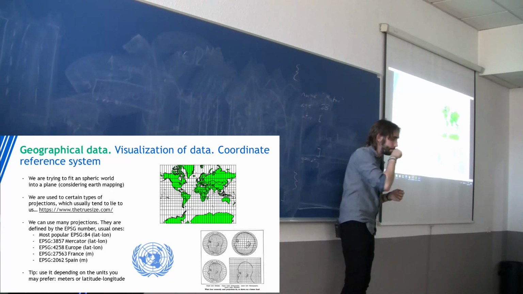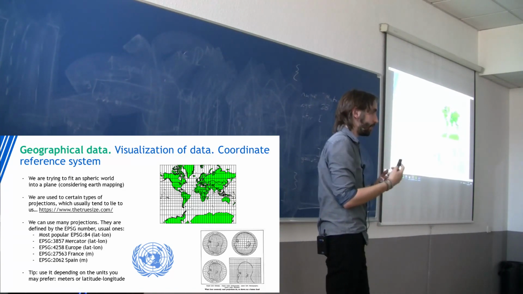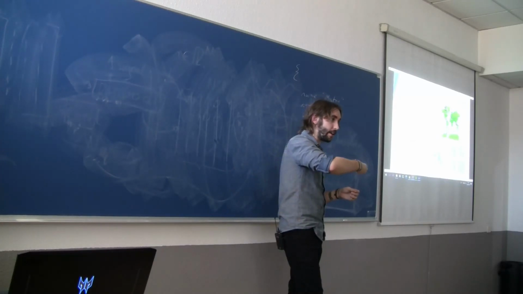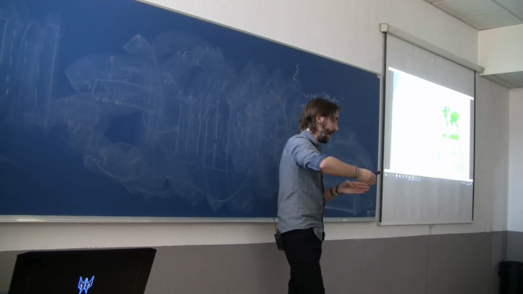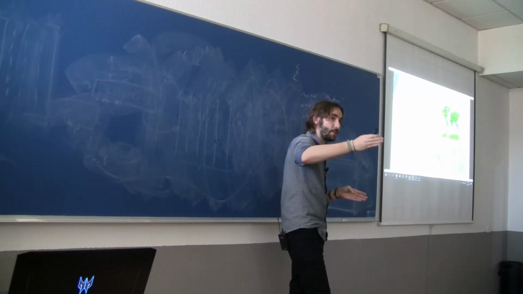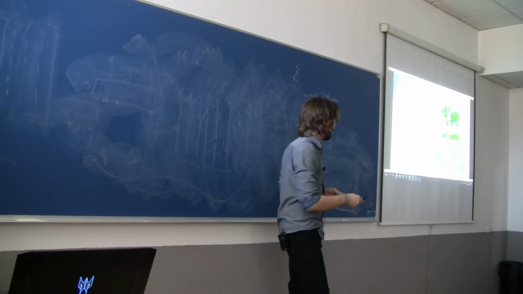However, some others don't use meters, and they use latitude and longitude. That is, latitude, the arc of the measure from the equator, in a horizontal axis, and longitude, the arc measure from the Greenwich meridian, but in a vertical way.